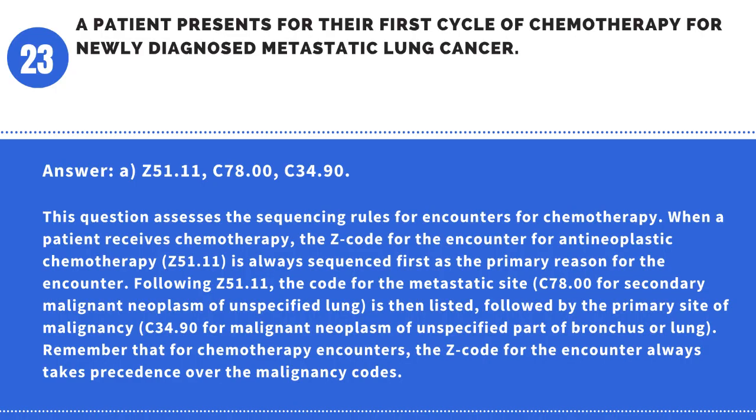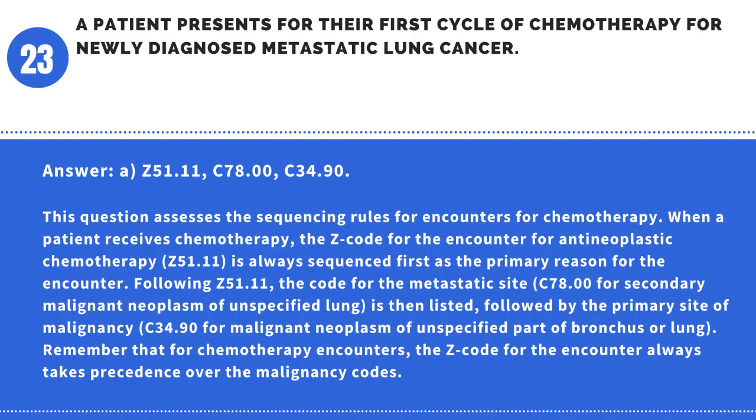Z51.11, C78.00, C34.90. This question assesses the sequencing rules for encounters for chemotherapy. When a patient receives chemotherapy, the Z-code for the encounter for antineoplastic chemotherapy, Z51.11, is always sequenced first as the primary reason for the encounter.